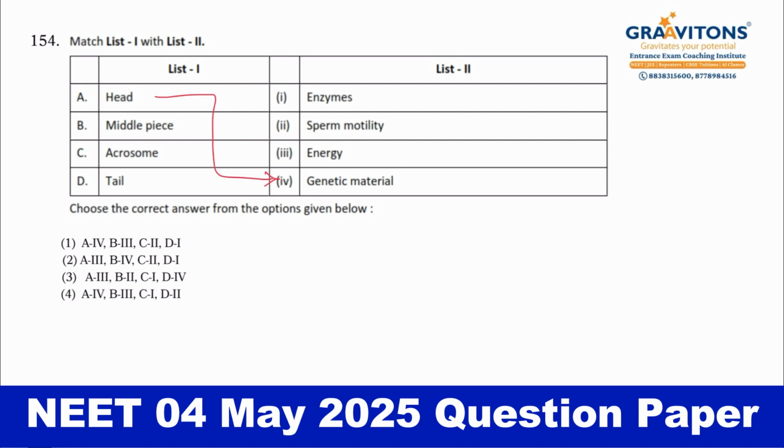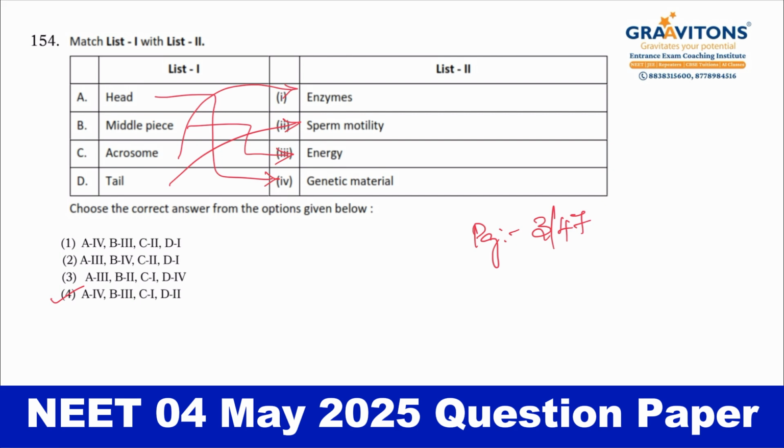And middle piece, it will be having spirally arranged mitochondria which provides energy, and acrosome will have enzymes for sperm penetration into the zona pellucida layer and to the ovum, and the tail is for sperm motility. Okay, so answer for this question is option 4. And this question is present in our gravitons material in page number 3 by 47.